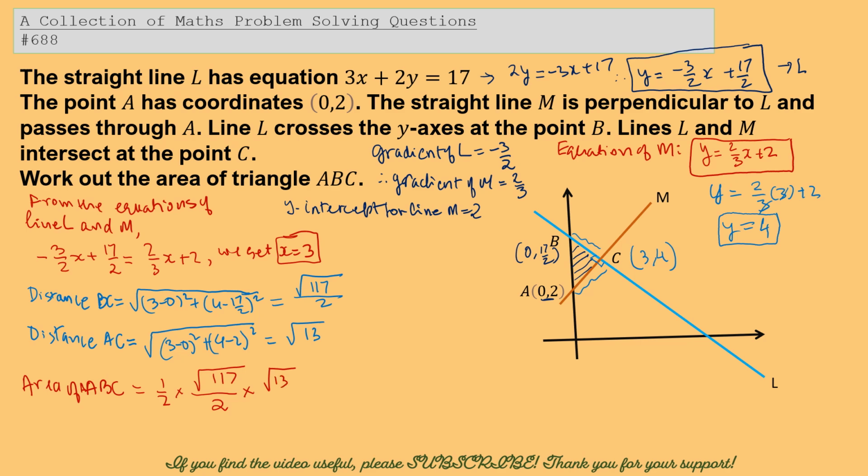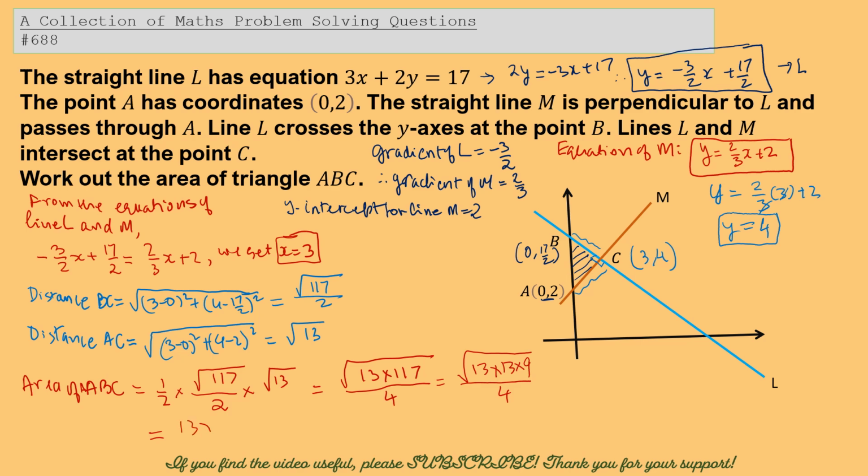So that becomes the square root of 13 times 117 out of 4, which I can rewrite as the square root of 13 times 9 out of 4, which gives 13 outside the square root and 3.